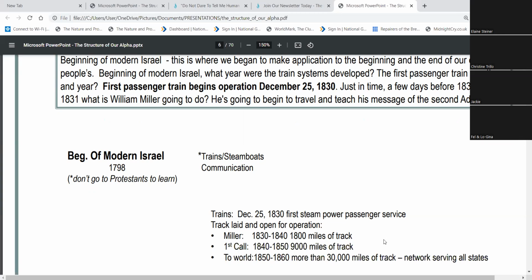Between 1830 and 1840, there were 1,800 miles of track laid. Between 1840 and 1850, by that time, there were 9,000 miles of track laid. From 1850 to 1860, you had more than 30,000 miles of track. And so that was the network serving all states.